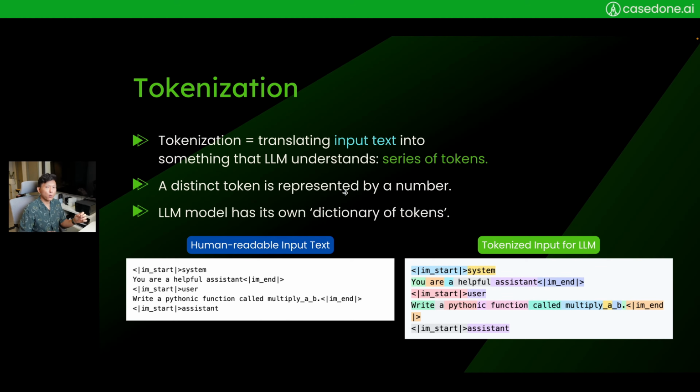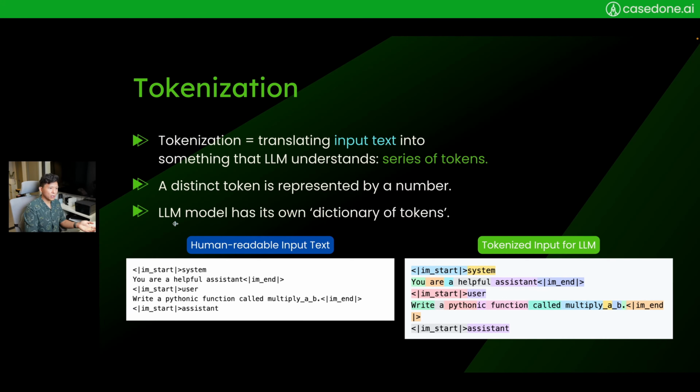Maybe the word I is the number 101. Maybe the word cat is 102. And with that number, or token number, like 101 or 102, we can convert it to something that the large language model will understand.